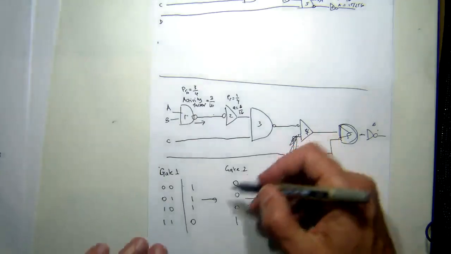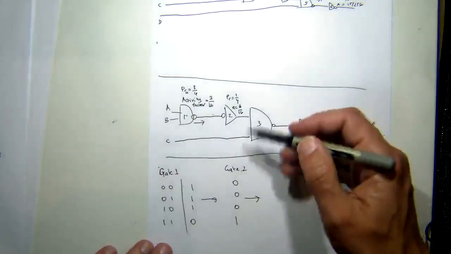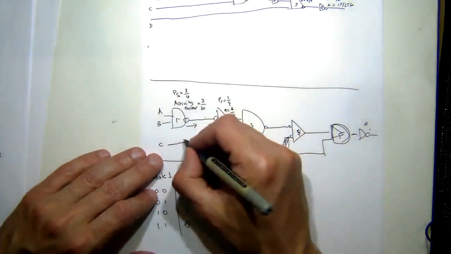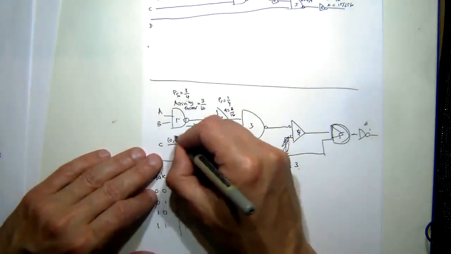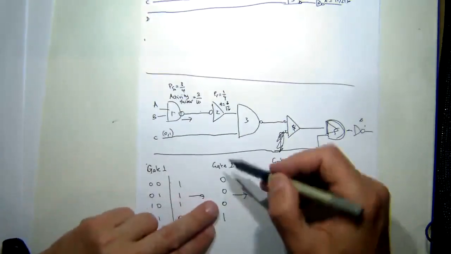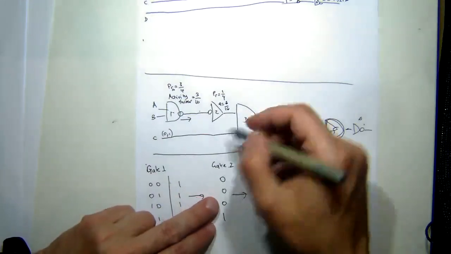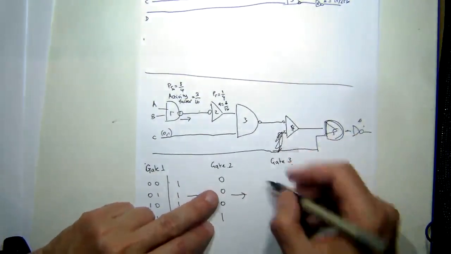Yeah, because what I'm doing here is the probabilities. There are 8 outcomes because C has 2 outcomes, 0 and 1. If you're doing the table, you can do it 2 ways.